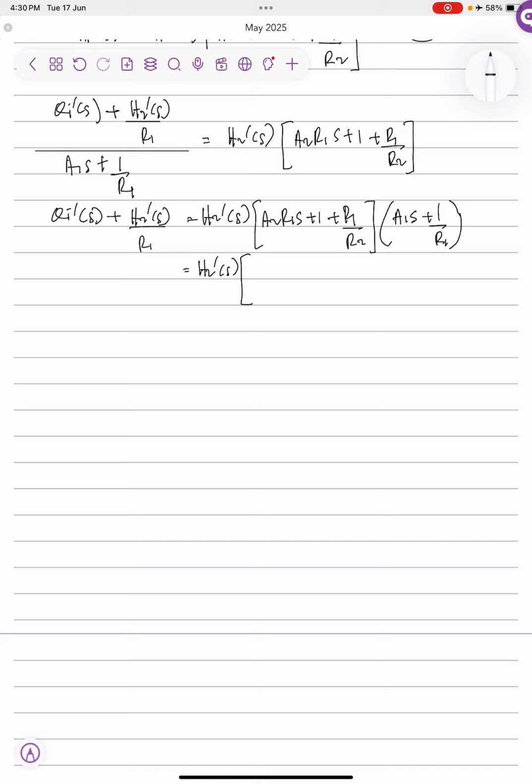This is something you need to be careful with in the expansion.